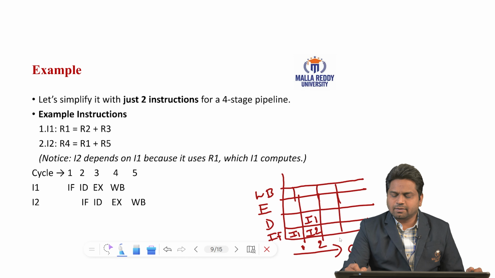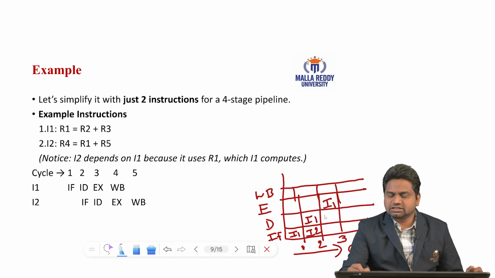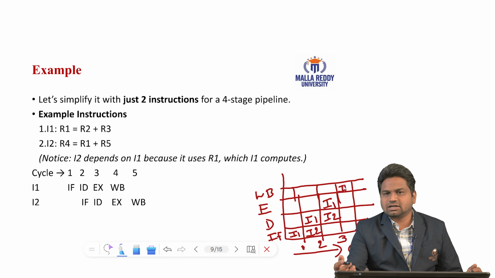Next, in the third clock cycle, instruction 1 will reach the execution phase and instruction 2 will come to the decoding phase. In the 4th clock cycle, once the execution happens, instruction 1 will come to write back.